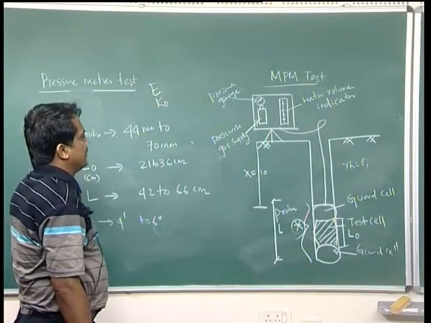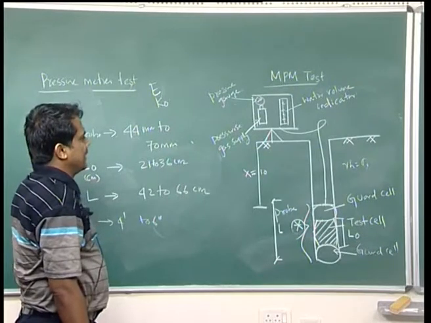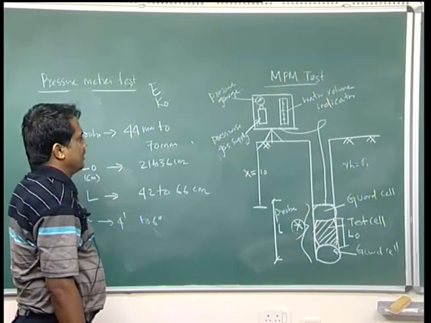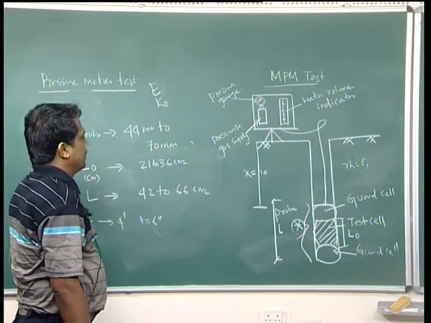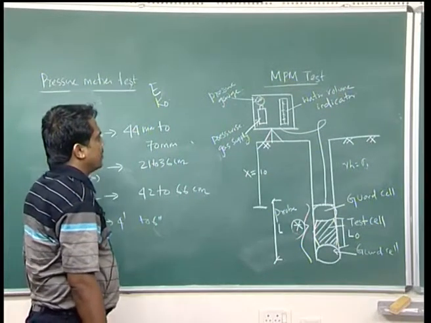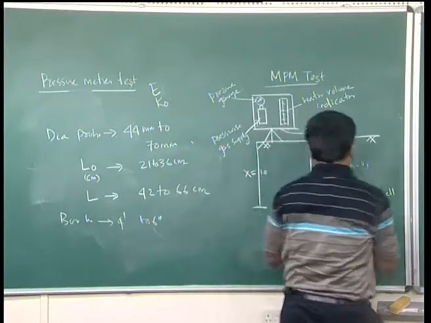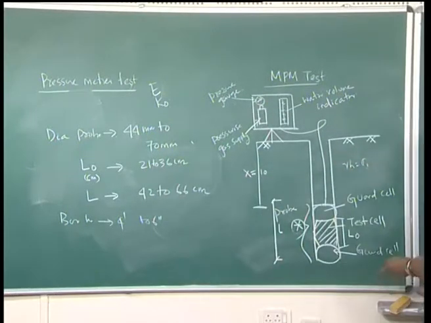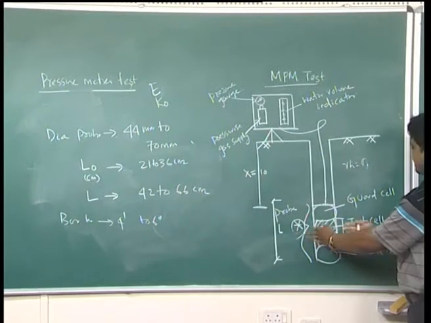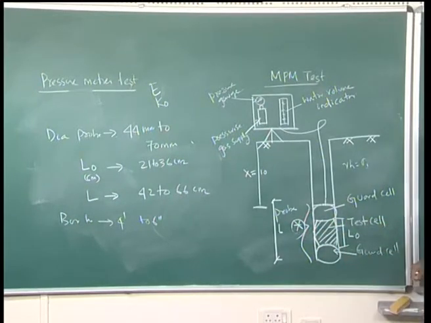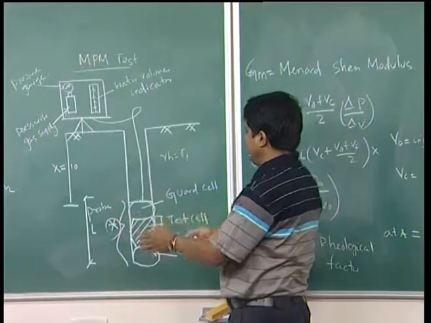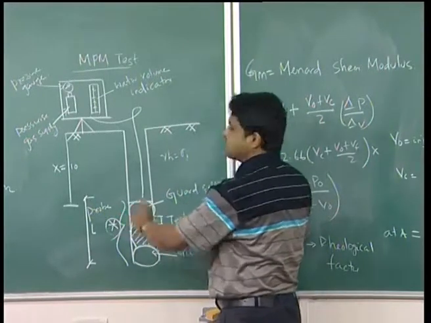Now, can I do this pressure meter test for all kinds of soils? In rock? No. In rock, what will happen? The philosophy behind it is that the test cell will expand, and with expansion the soil also expands.